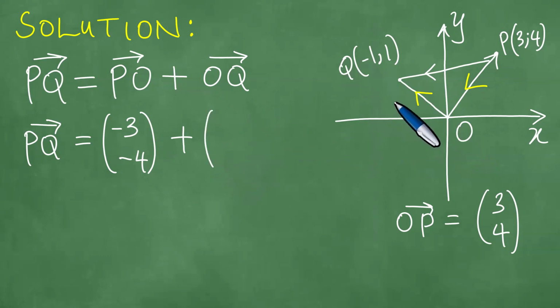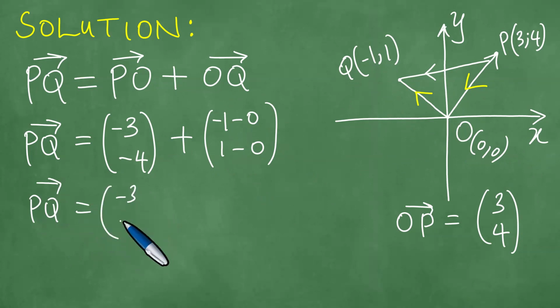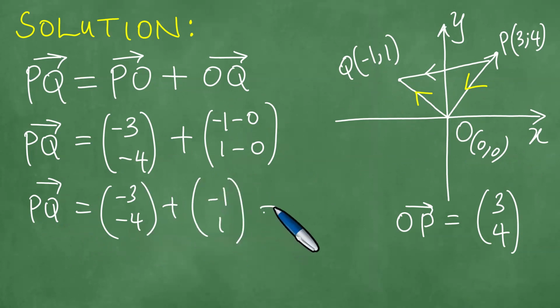With the vector from O to Q, we take the final point minus the initial point. The initial point is the origin. So the vector OQ has -1 minus 0 and then 1 minus 0. We are taking the final minus the initial. So we have (-3, -4) plus (-1, 1), which is -3 plus -1, which is -4, and then -4 plus 1, which is -3.